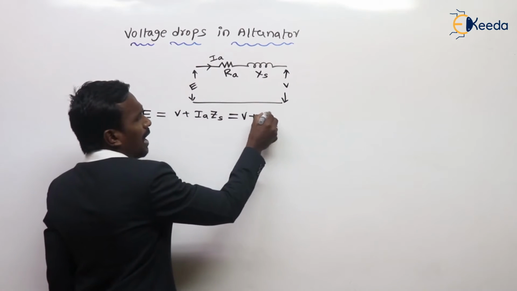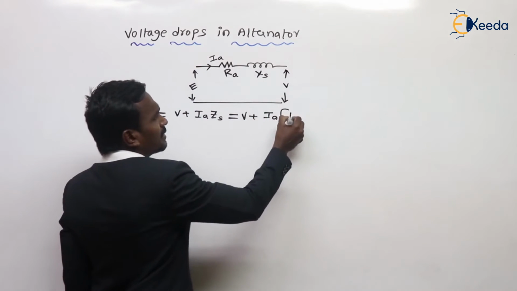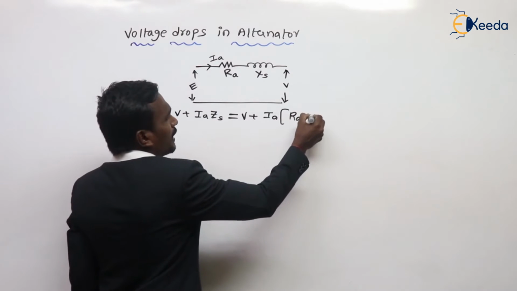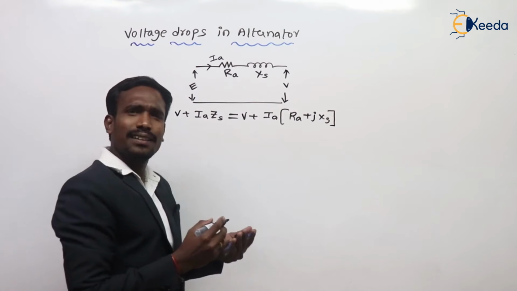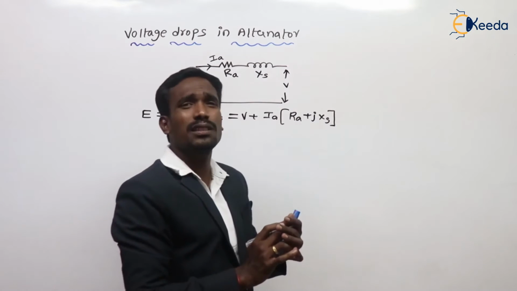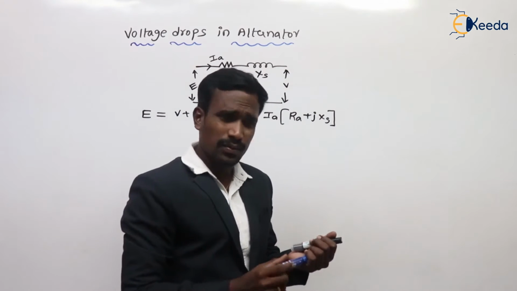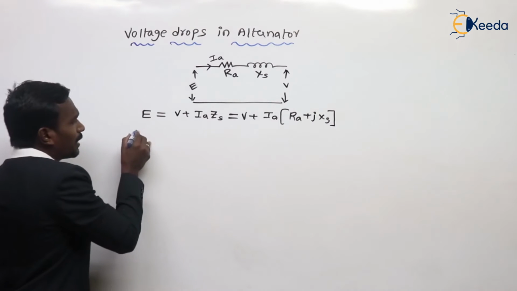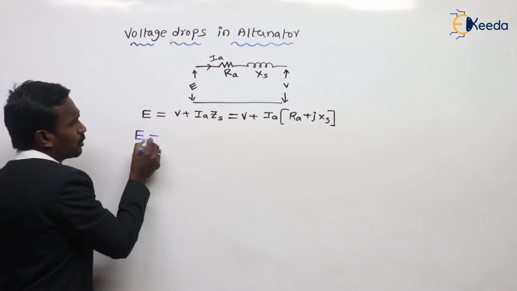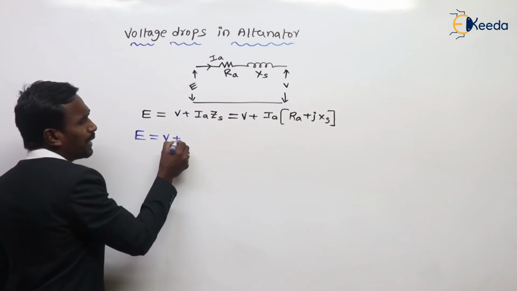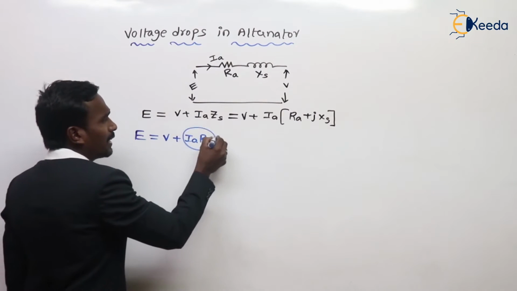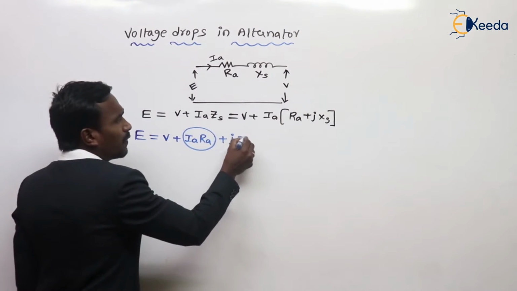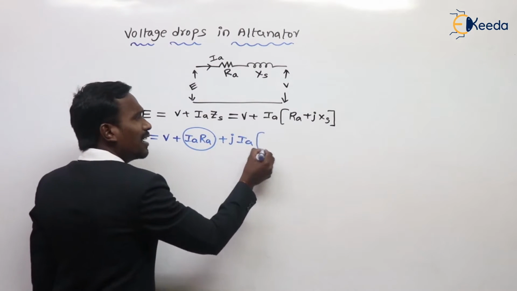V plus IAZS, that is RA plus jXS. XS is nothing but synchronous reactance. So here E is equal to V plus IARA plus j of IAXS.